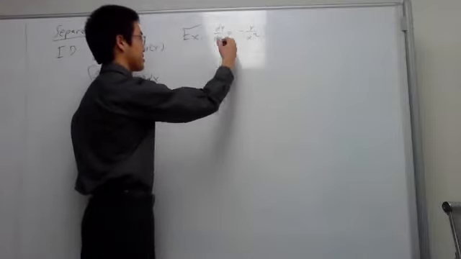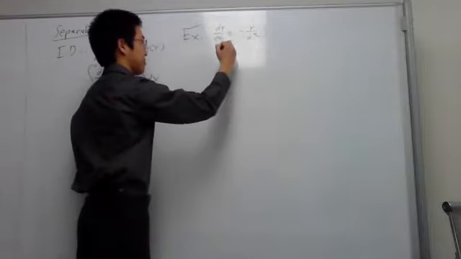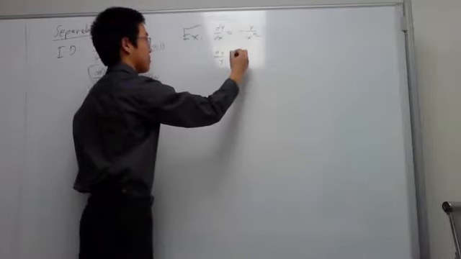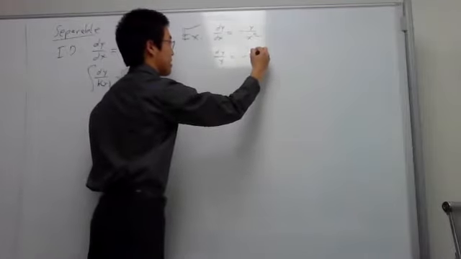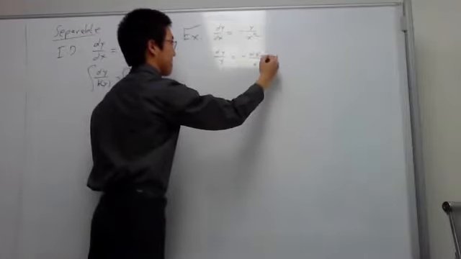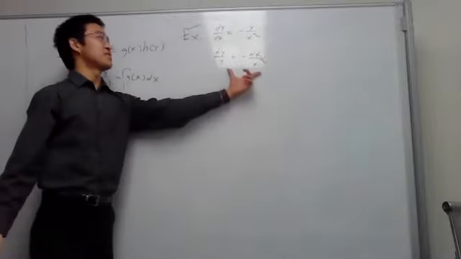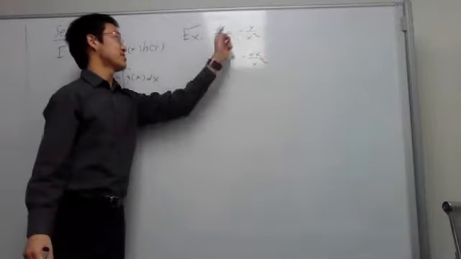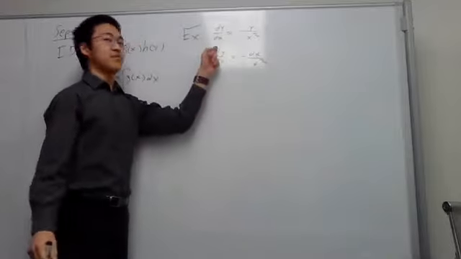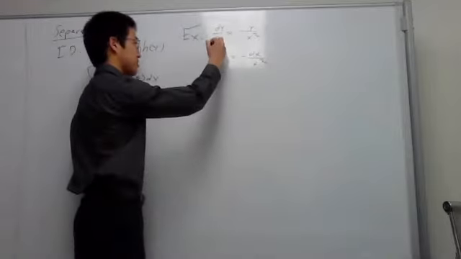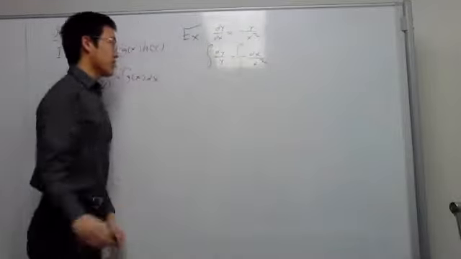Yeah, we can just throw the y down here, and then throw the x over here. So does this make sense? All we did was push this over here and push this down here. That's just algebra. And now we can drop integral bars.